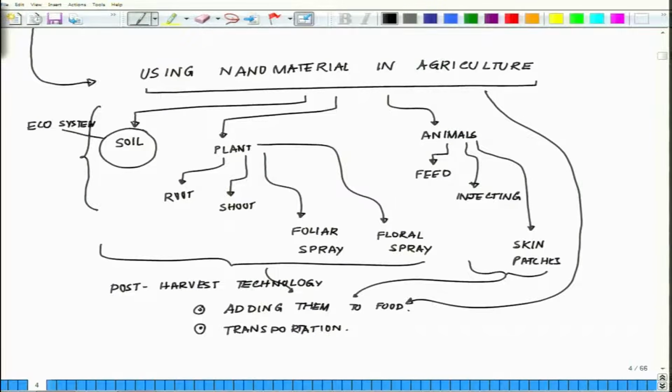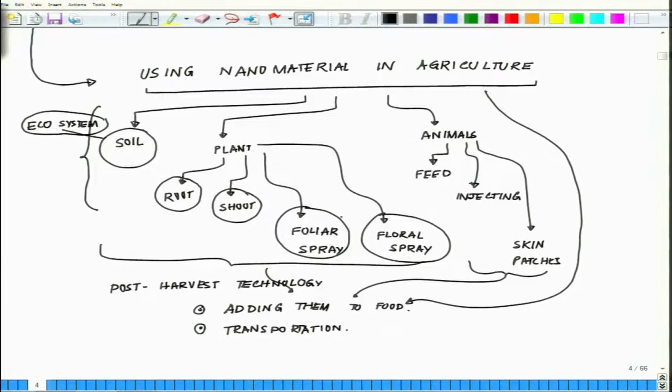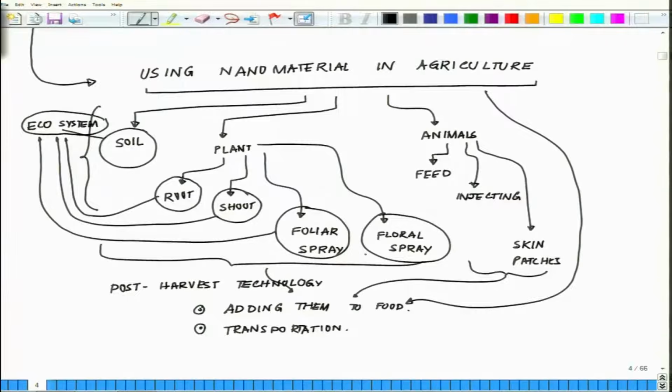Or when we say we are introducing something to the roots of the plant or shoot of the plant, or we are doing a foliar spray, or we are doing a floral spray, so that once it becomes the biomass it is actually getting into the ecosystem.